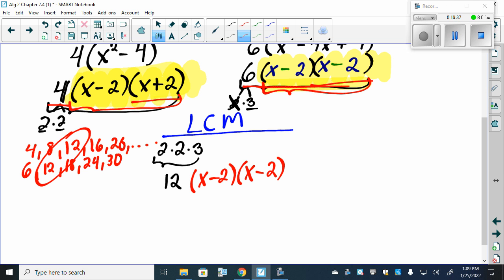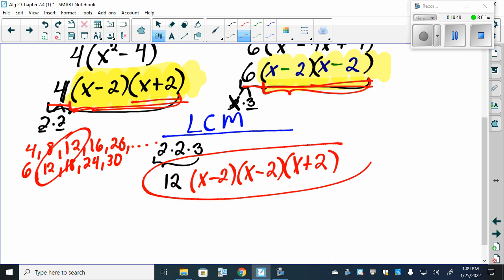Well, what is this side missing that this side has? So the least common multiple for this here is just this here, 12 times x minus 2 times x minus 2 times x plus 2.